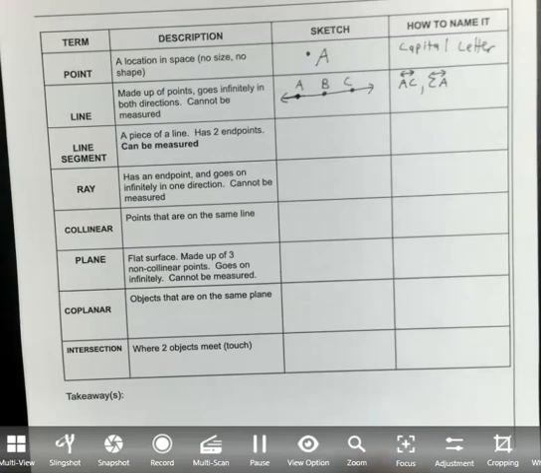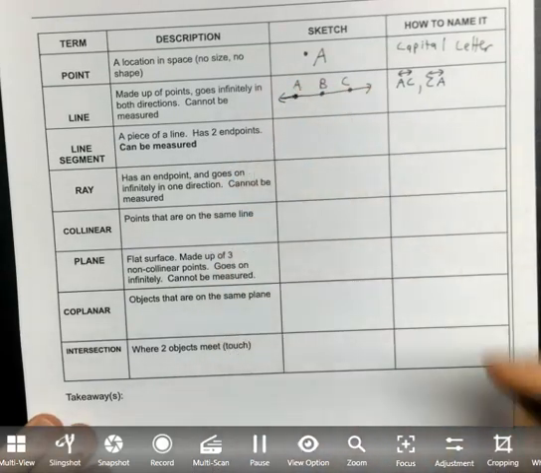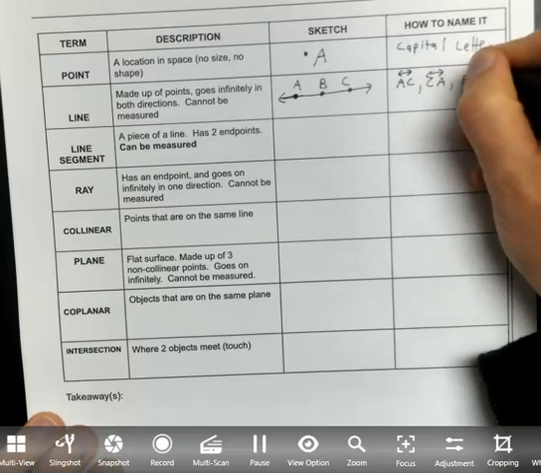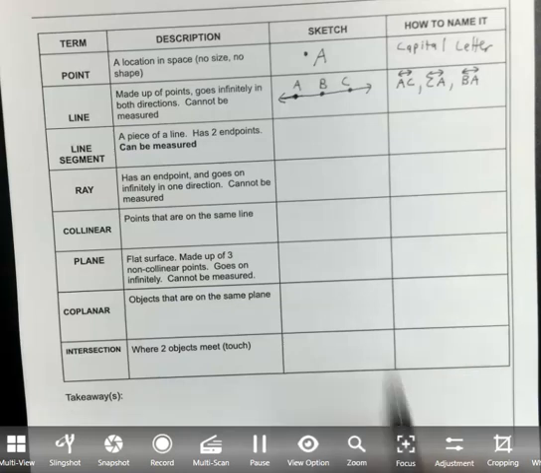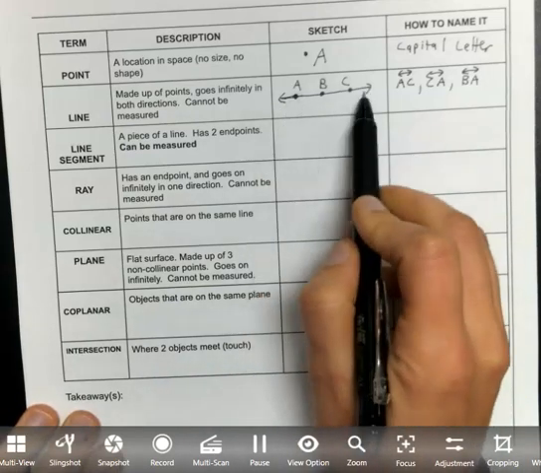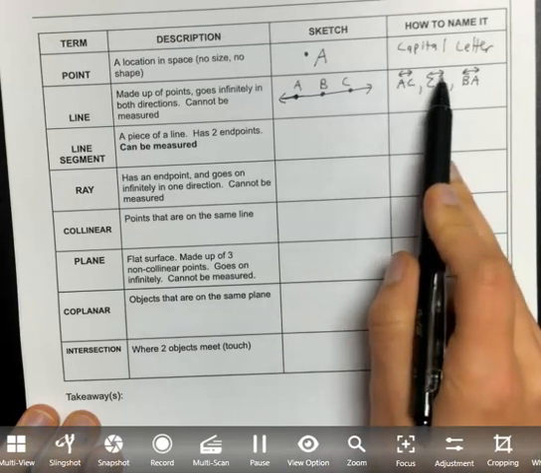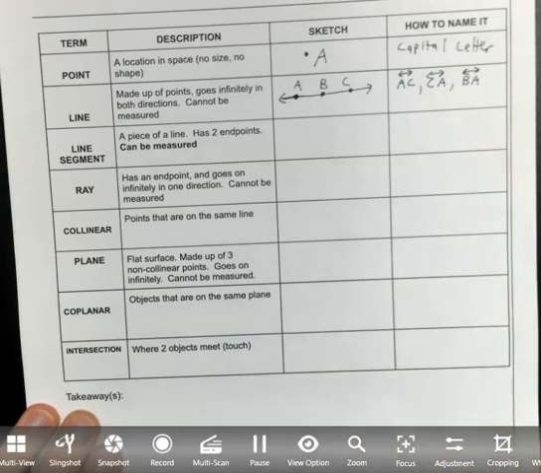Or let's say you're like, hey, you know what? Any 2 points, so why not AB or BA, right? Notice that I know it's a line because it has arrows in both directions. When I name my line, I make sure to draw a line on top of the 2 points.